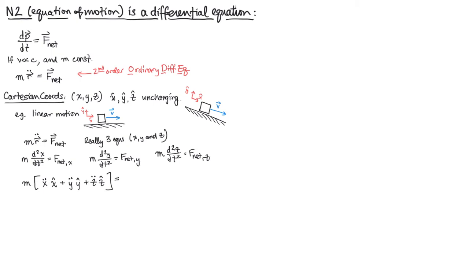So that has to equal the net force as a vector, which is the net force in the x direction plus the net force in the y direction plus the net force in the z direction. Okay. A nice shorthand notation for this is to use angle brackets to represent the vector, which implicitly is describing all of the unit vectors, x hat, y hat, and z hat, in which case we have the following more compactly.